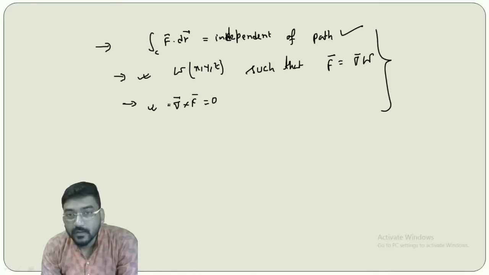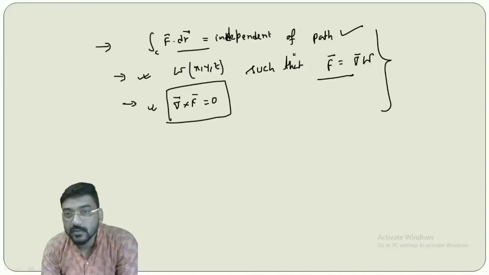Similarly, if we find that curl of f is equal to 0, then f will be gradient of w and f dot dr will be independent of path. So sometimes we have to check whether f is conservative or not, and it is very easy to check whether curl of f is 0 or not.